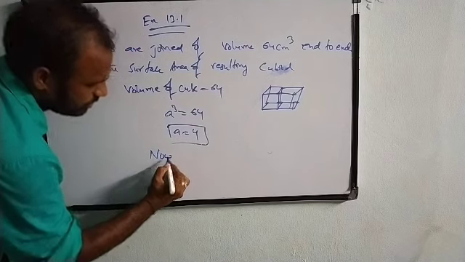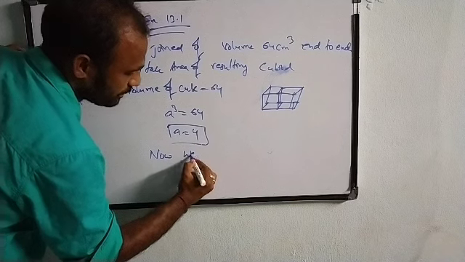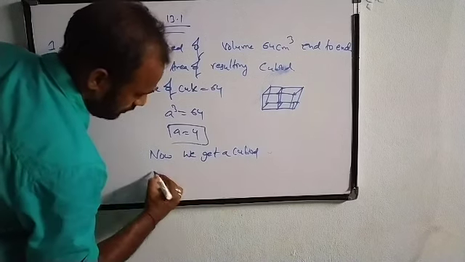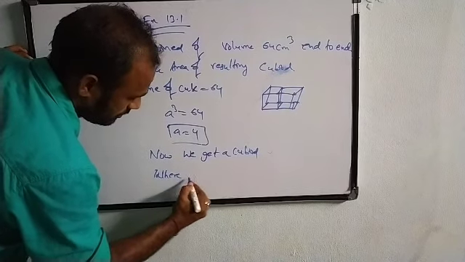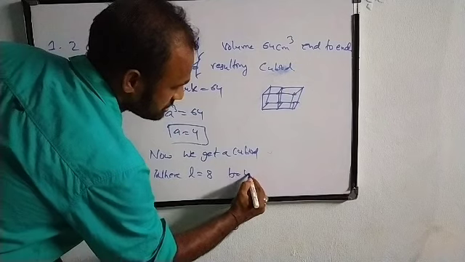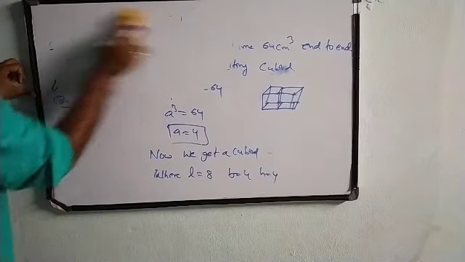Now, if we join two cubes, it forms a cuboid where length is 8 centimeters, because 4 plus 4 is 8. Breadth is 4, height is 4. Now we want the surface area of the resulting cuboid.